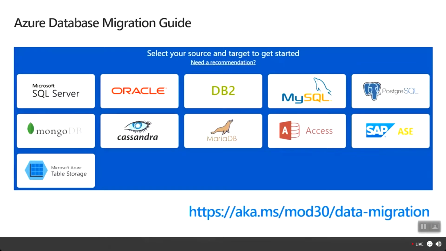This is a place where you can select different sources and different targets, and you see that we even support Access, for example, and please don't chuckle because I often get this question at conferences. People ask me, well, I do have an Access database, I've been using Access for many years, I would like to move that to Azure, is there a way? And definitely we have migration solutions here. So here you can go and say, all right, I want to get started from DB2, from Oracle, from Cassandra, etc., etc.